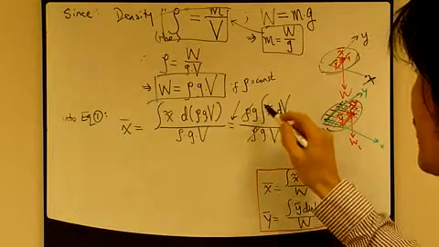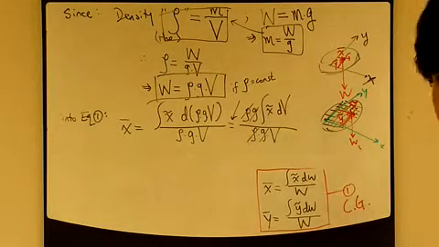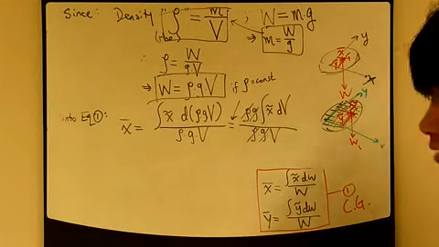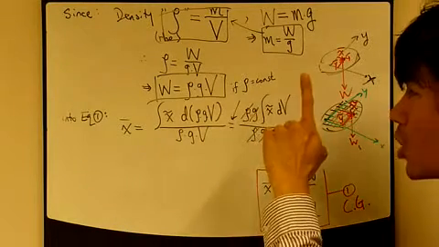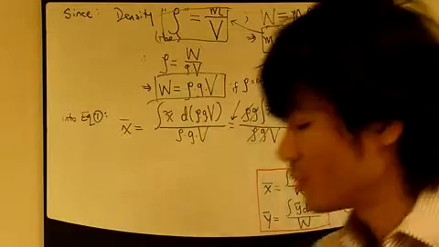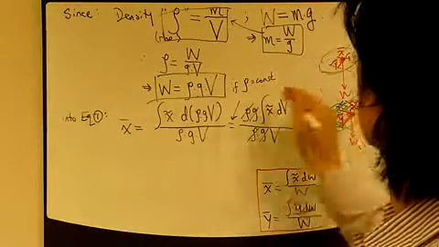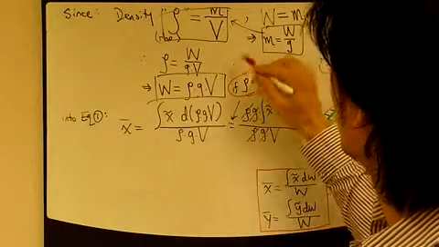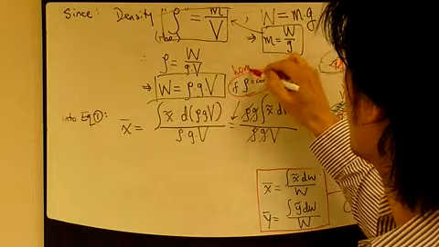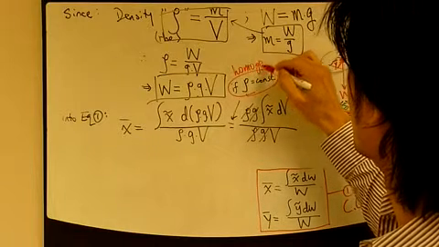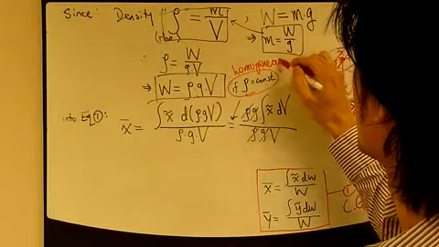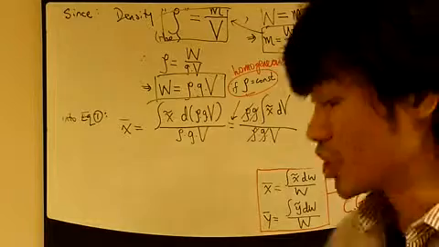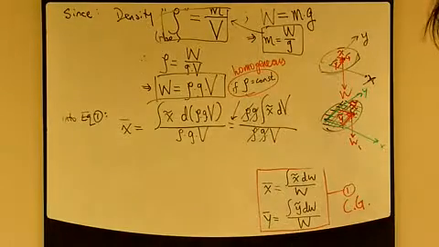Rho and rho cancel out. g and g cancel out. That's the beauty. We can cancel out only if rho is constant, that is, if the rigid body is homogeneous. Like one single material.